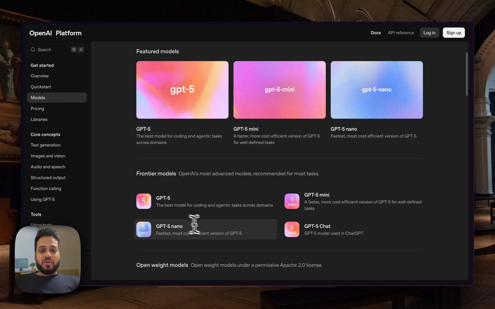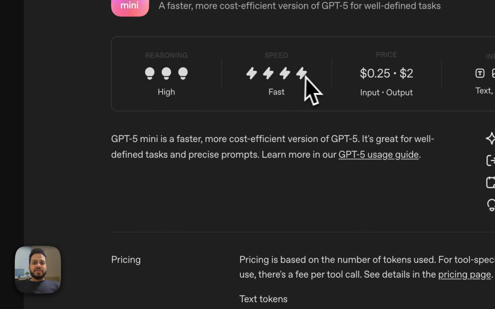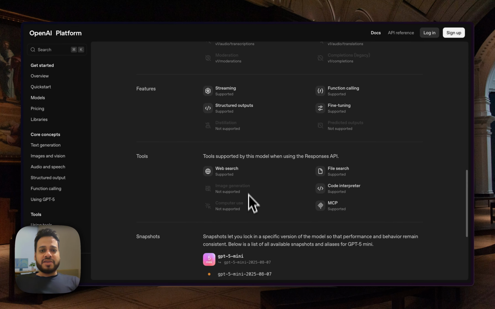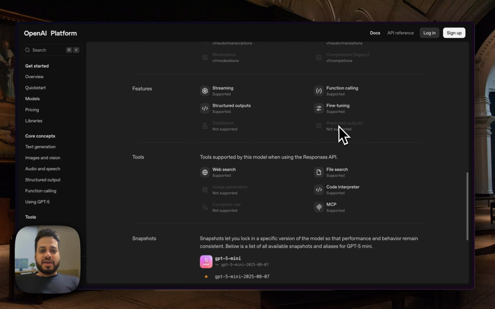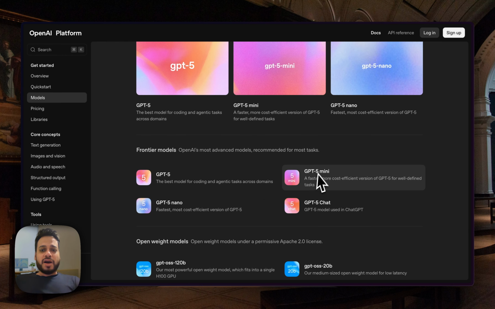Sorry, GPT-5 Nano. Now, when we talk about Mini, the reasoning is high, the speed is fast, and the pricing is slightly higher, and it checks all the boxes that we have to see, which are structured outputs, function callings, and fine-tuning.